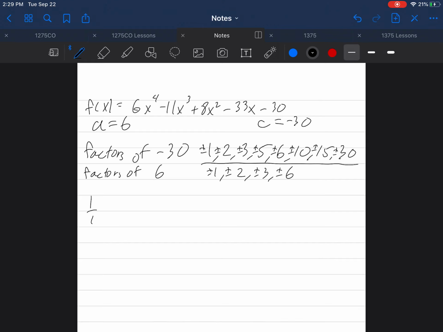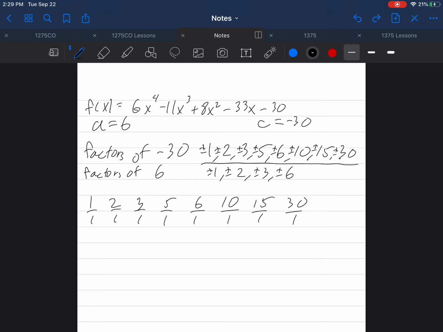1 over 1. So if we look at this right here, 1 over 1, 2, 3, not 4, 5, 6, 10, 15, 30. All of that over a denominator of 1.